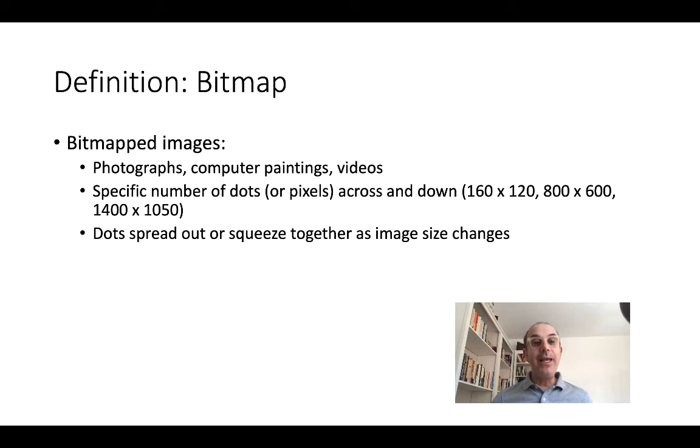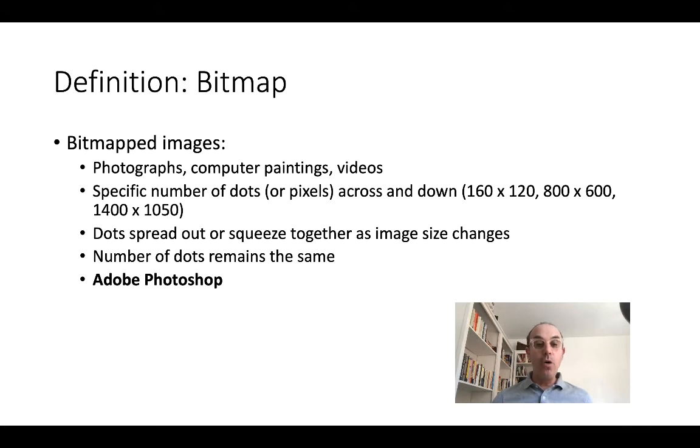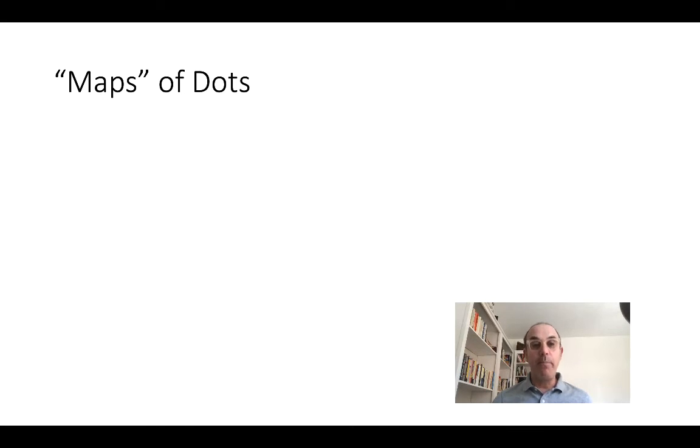The idea is that the dots are spread out in a sequence together, and as the image size changes, the number of dots remains the same. The tool we often use when working with bitmap is Adobe Photoshop.